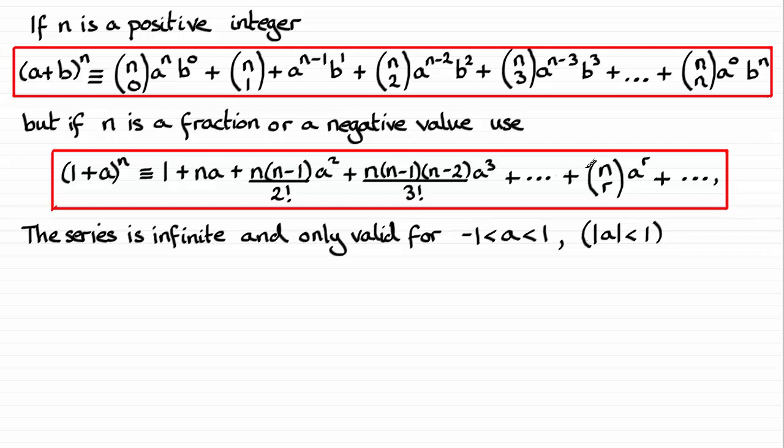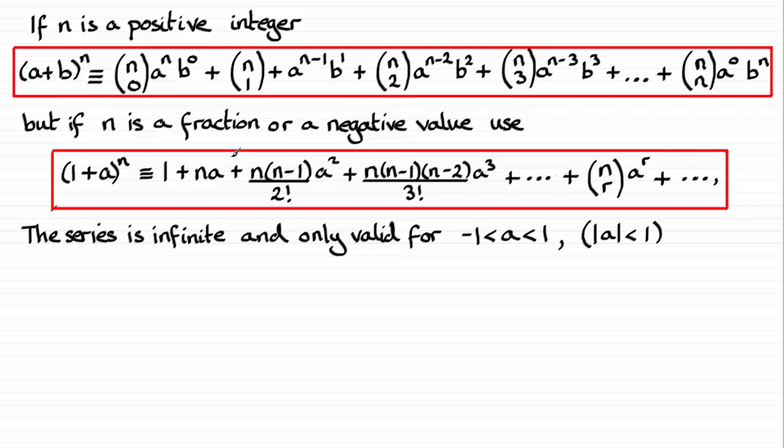I prefer to use this version because we'll get expansions where the a will be, say, 3x or minus 2x. It can be various functions of x. And I just think having 1 plus x to the power n makes it a little bit more confusing. So that's the reason why I've gone for using this notation, having an a here.